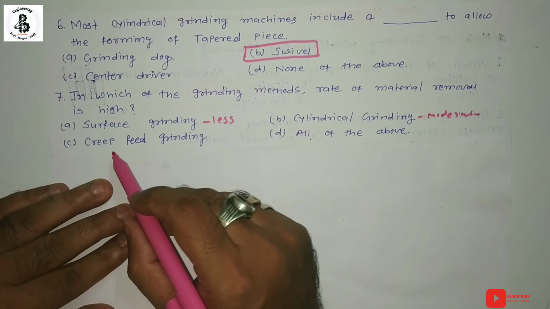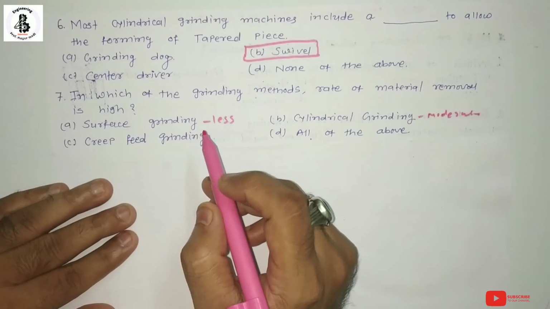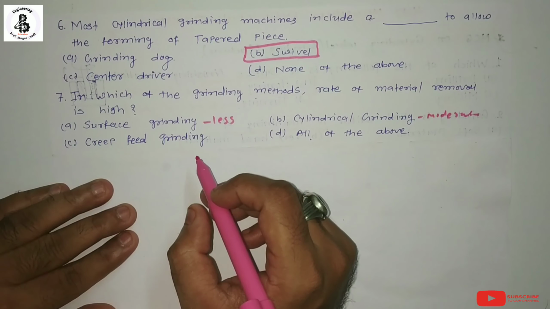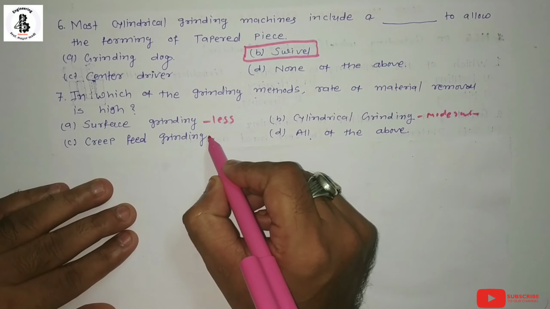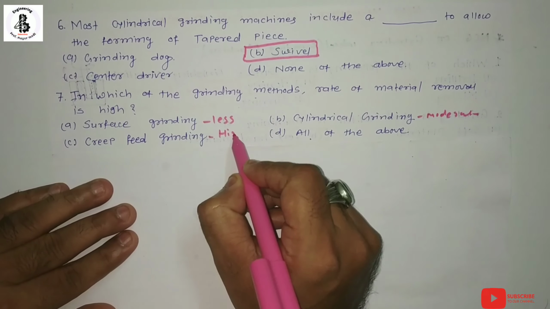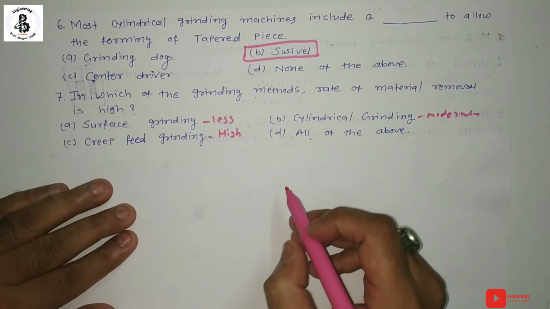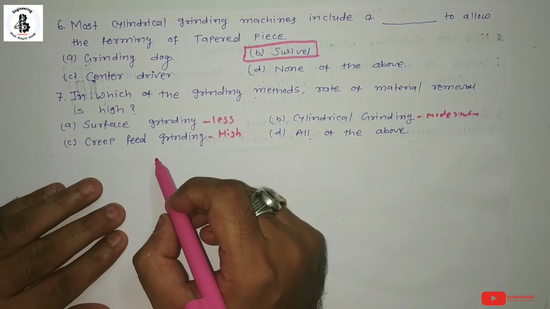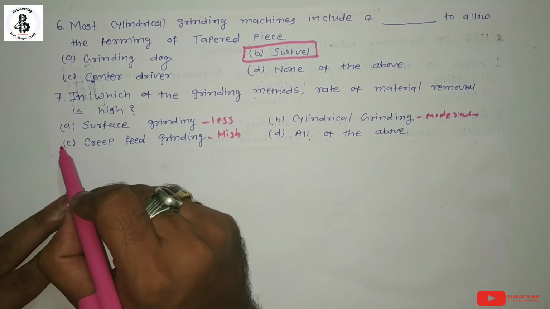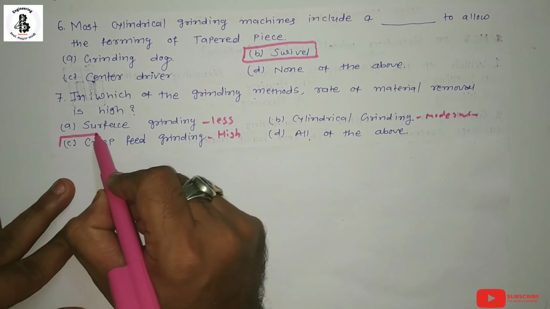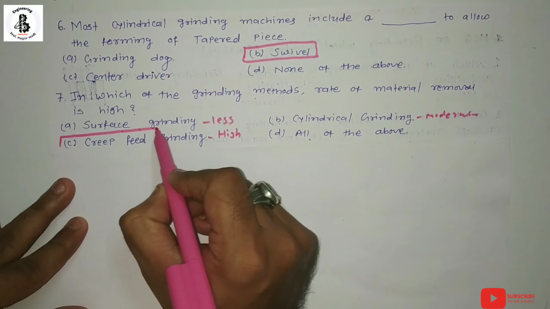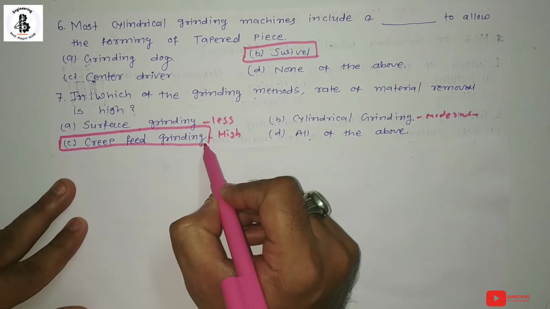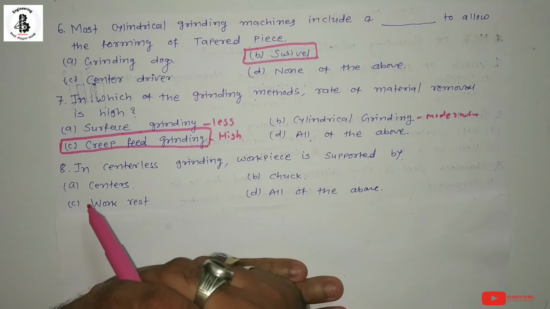But in the creep feed grinding process, you perform the grinding operation with applied pressure, so there will be a higher metal removal rate, and all of the above is not possible. So according to this, creep feed grinding has a higher metal removal rate. So answer C. Then next question.